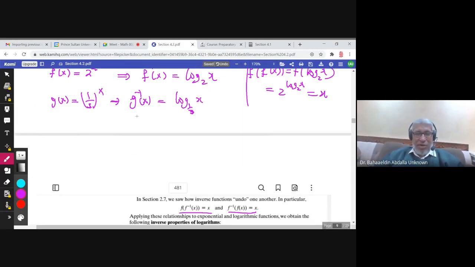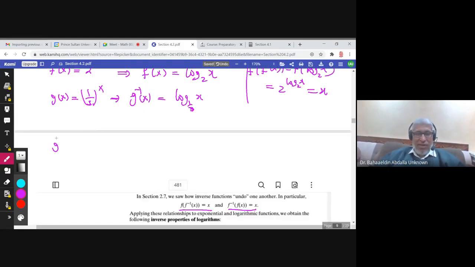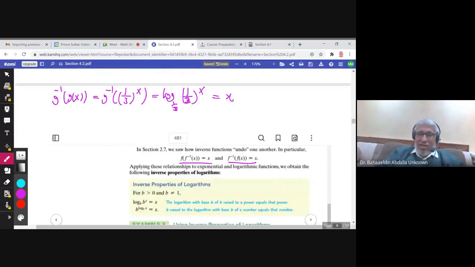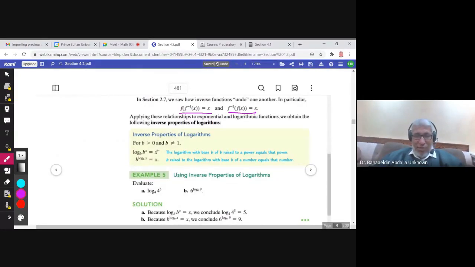Here also, if you find g inverse circle g of x, it would be g inverse of 1 over 3 to the power x. It would be log, and you replace x by 1 over 3 to the power x, with the base 1 over 3. So the answer should be x, because f circle f inverse is x and g circle g inverse is x.